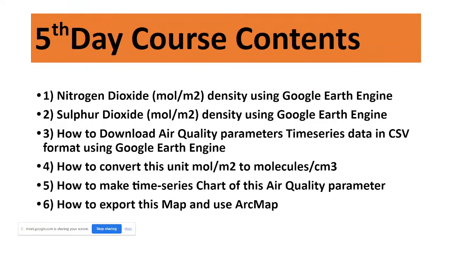You can see all the topics I will discuss in today's content. First of all, nitrogen dioxide, sulfur dioxide, carbon monoxide and methane, all of those gases which are available in the Sentinel-5 satellite sensor.